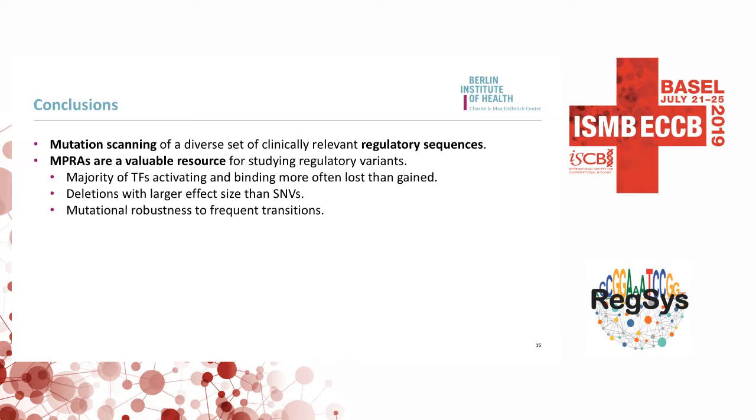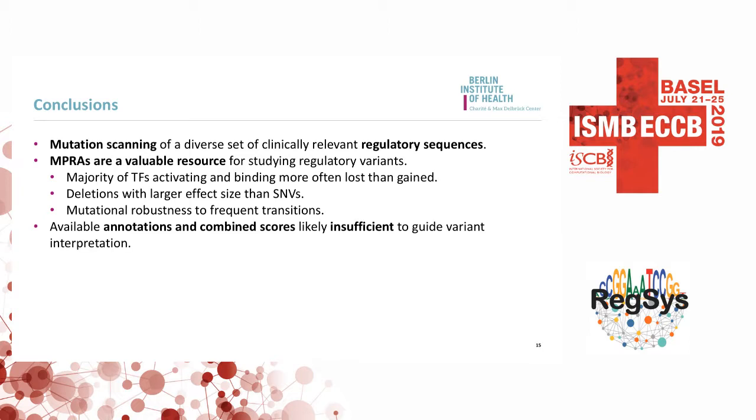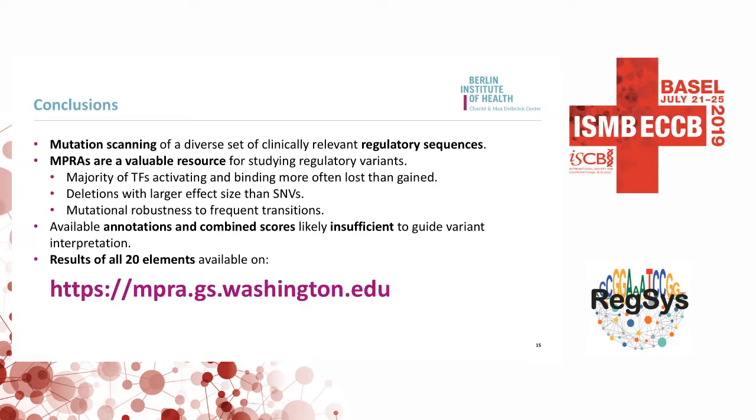And these functional scores that I told you about are not doing so well. They are likely insufficient, but now we have a data set that you can benchmark on. So if you develop a new score, you can use the data. We have a website, mpre.gs.washington.edu. You can just download the scores and benchmark how well your score works.